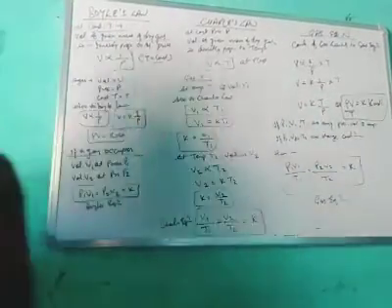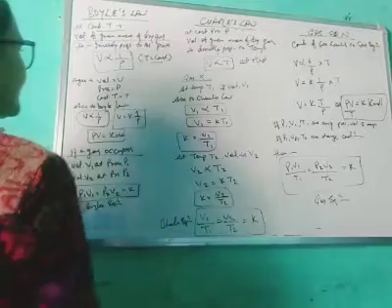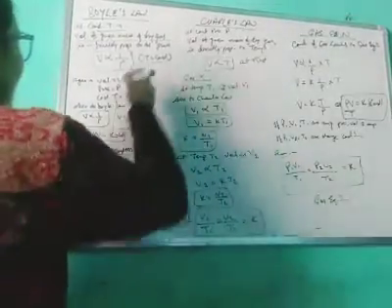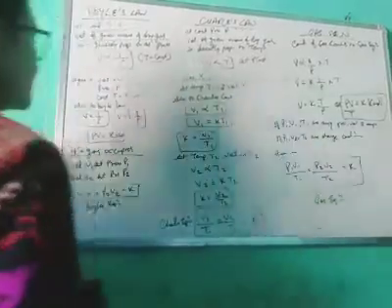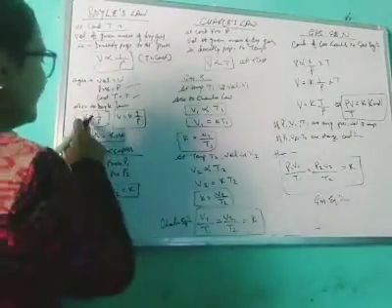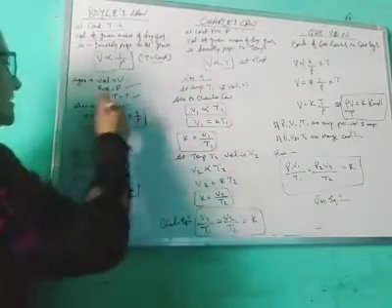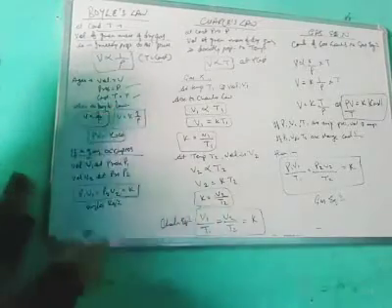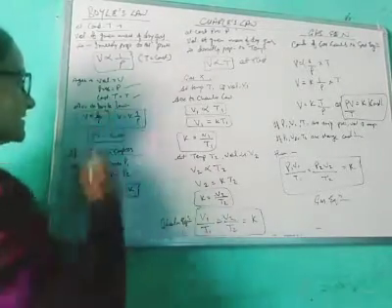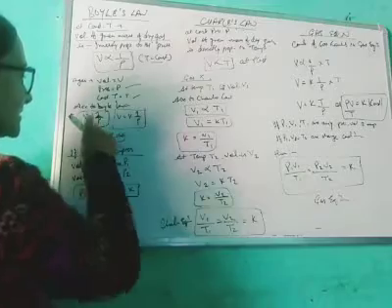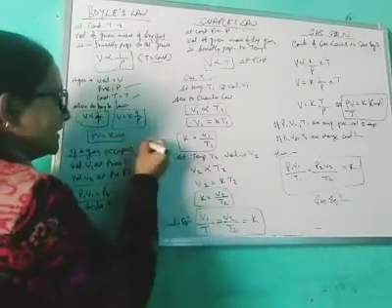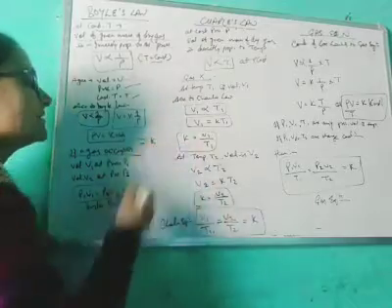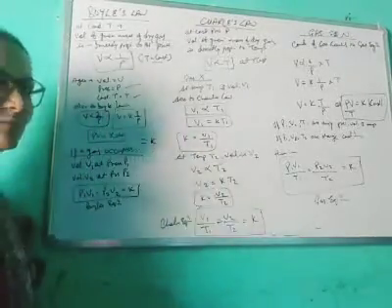Okay, pressure. So if we take a gas whose volume is V, pressure is P and constant temperature is T, then according to Boyle's law, volume is inversely proportional to P. For this inversely proportional sign, we have to remove it and instead put an equals sign and a constant.